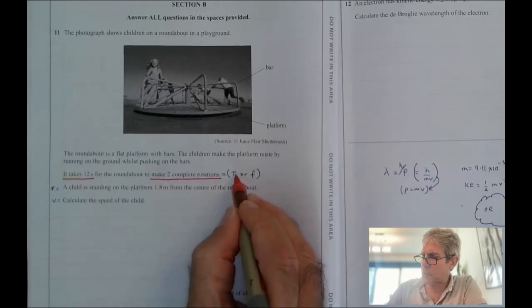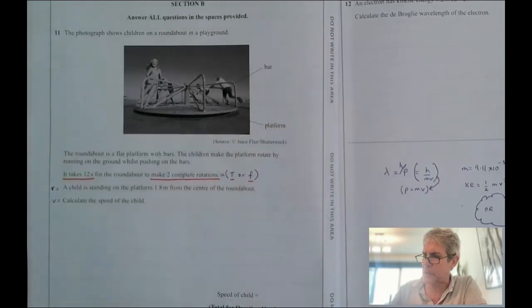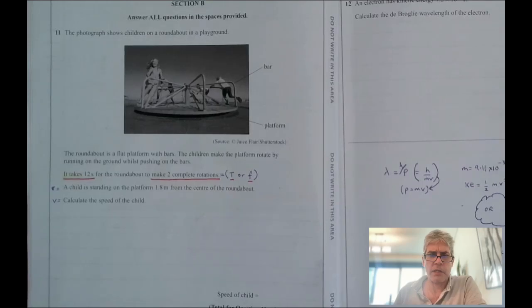So that allows us to work out period or frequency. Frequency is how many rotations per second, and period is the time for 1 complete rotation. We already know how to do that, so we'll carry on reading first.